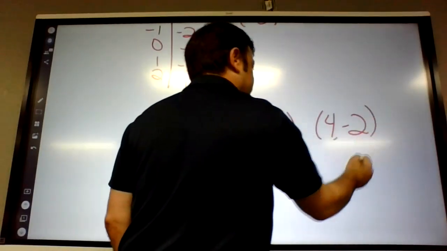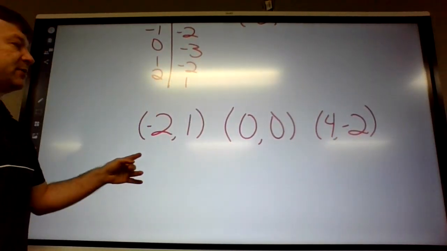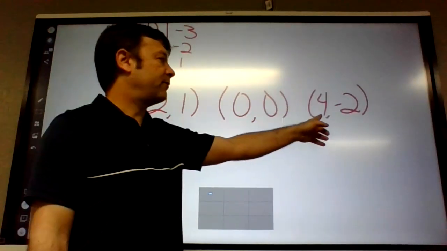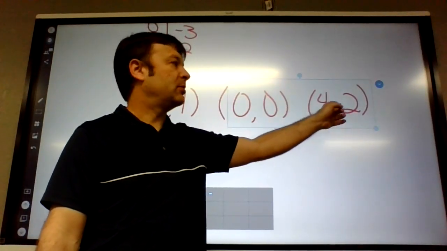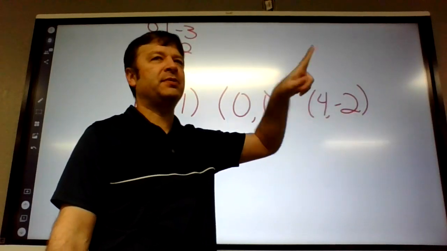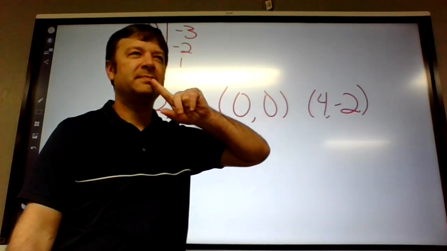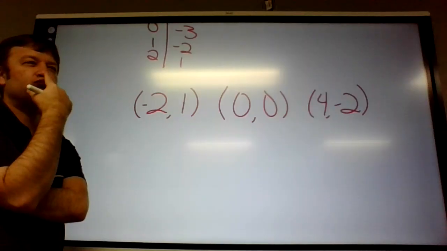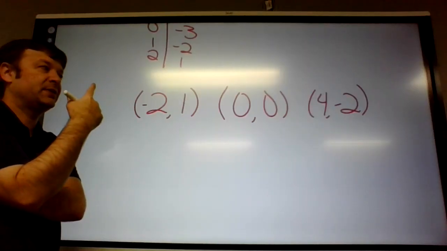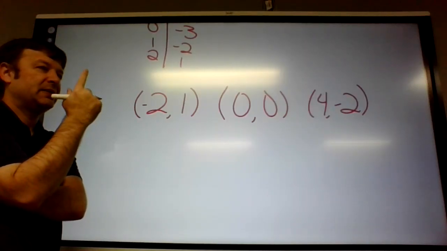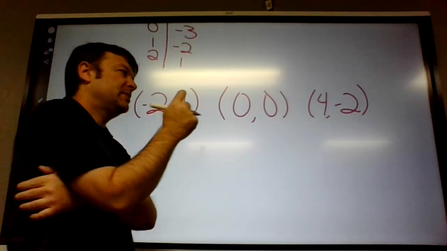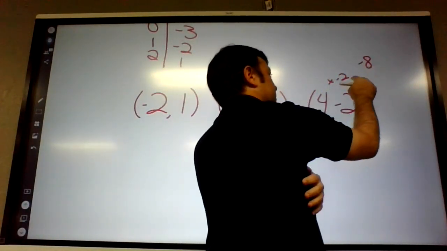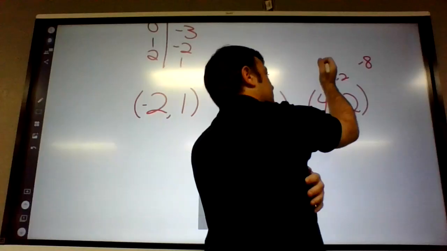Okay. To figure out what the function is, we're supposed to figure out the pattern. How do we get from negative 2 to 1 or 4 to negative 2? What do we do to 4 to turn it into a negative 2? Times negative 2? What's 4 times negative 2? 4 times negative 2 would be negative 8. Right.